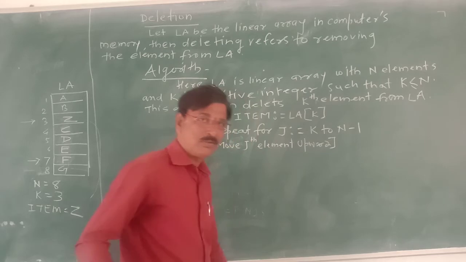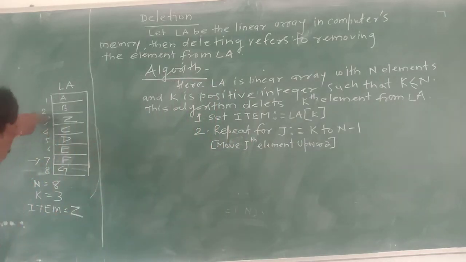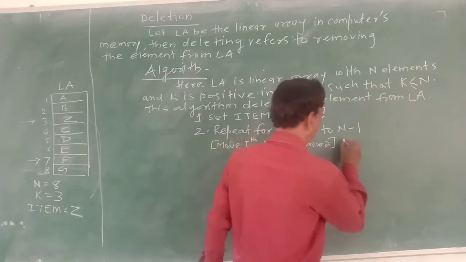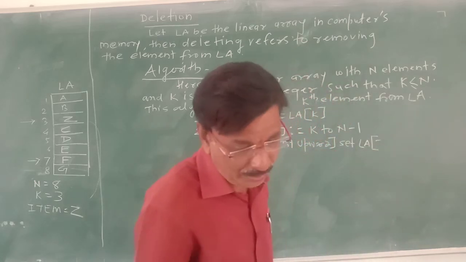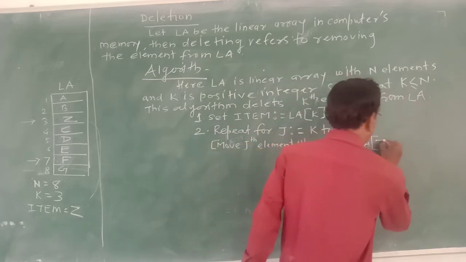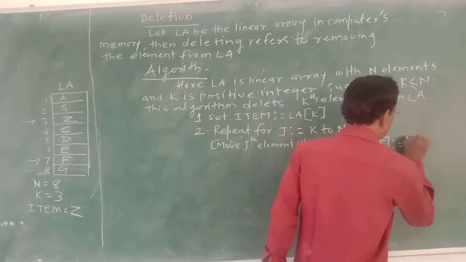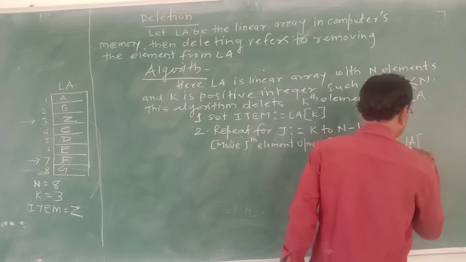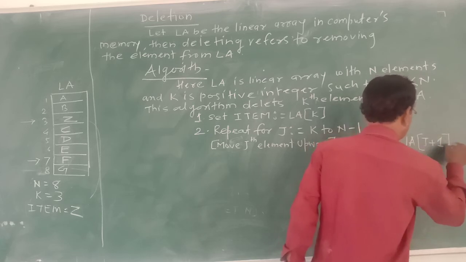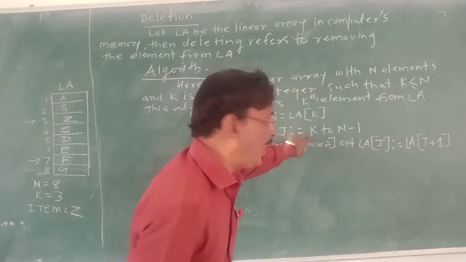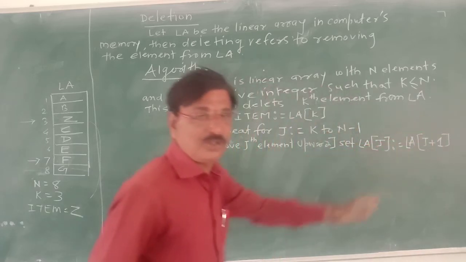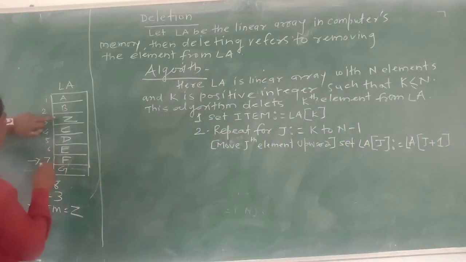How to move upward? LA third element should be LA fourth. Set LA 3, but 3 stands for j here. So LA j is equal to LA j plus 1. What will happen? j is equal to k. K is 3. LA 3 is equal to LA 3 plus 1, that is 4. So LA 3 will become LA 4.